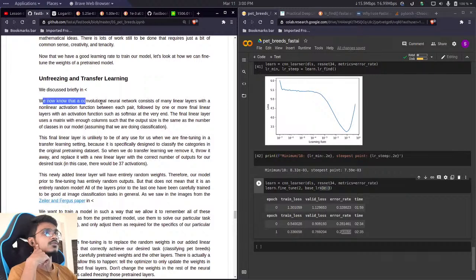We now know that a convolutional neural network consists of many linear layers with a non-linear function between each layer, followed by one or more linear layers with an activation function, such as softmax, at the very end.